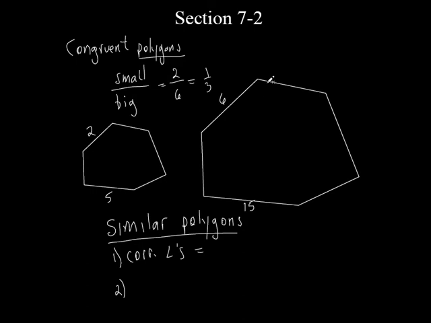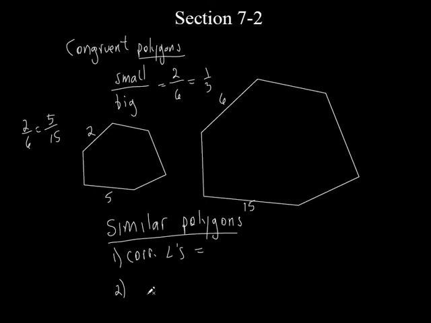But what's true about the angles? The corresponding angles are all equal, but what's true about the sides? Watch, 2 over 6 is the same as 5 over 15. Would you agree? If I have 2 ratios set equal to each other, what word did we use the last lesson? When I have 2 ratios equal to each other, 2 fractions equal to each other, I call that a proportion.